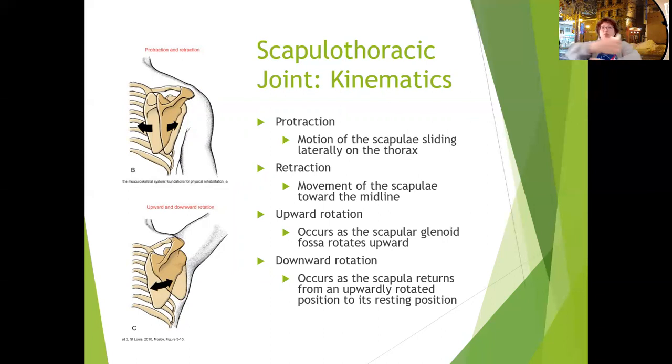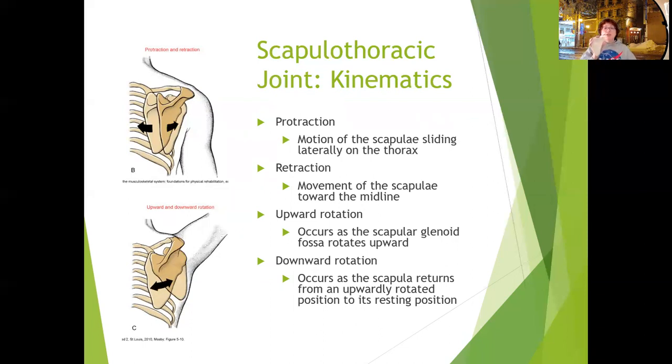So when you give your friend a big hug, your scapulae have to slide laterally. So horizontal adduction is accompanied by some scapular protraction. And then horizontal abduction of the glenohumeral joint is accompanied by scapular retraction. It's the movement of the scapulae towards the midline.